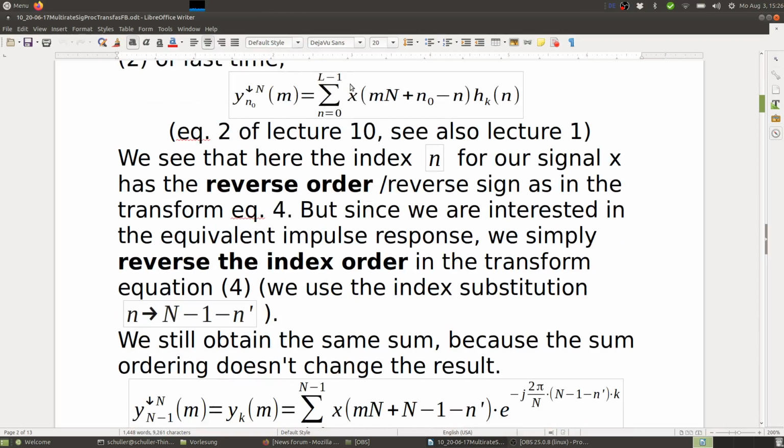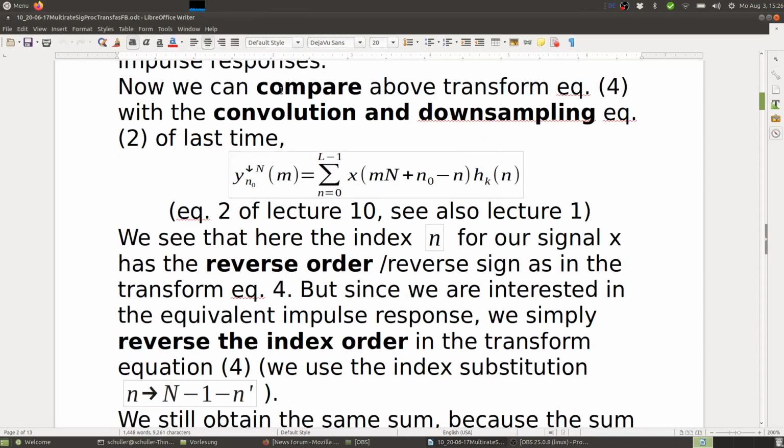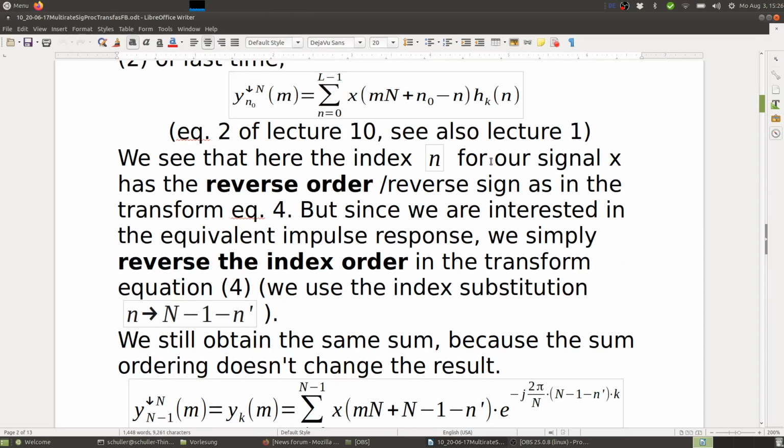Here you go. So here you have this equation. Here we have our filter bank output, and here we have what we got after the index substitution. And we can see this becomes identical to this equation if we choose n naught to be capital N minus 1.